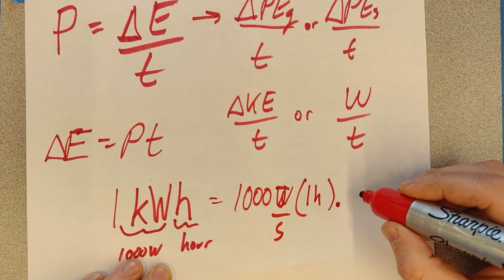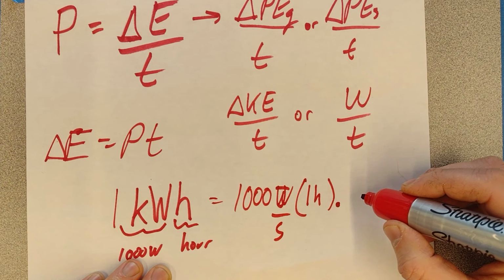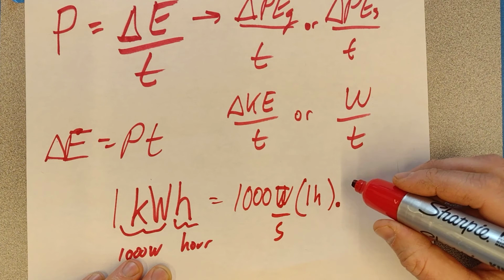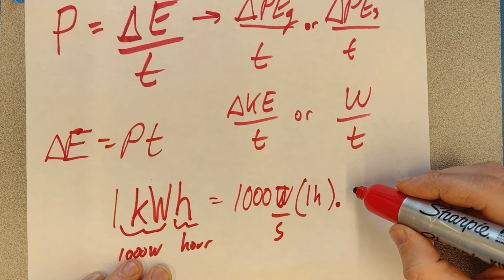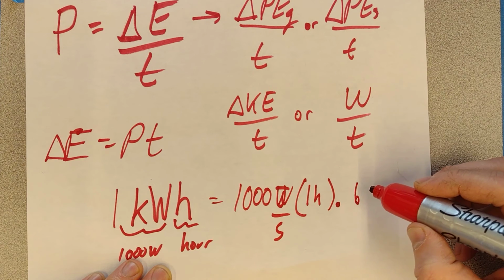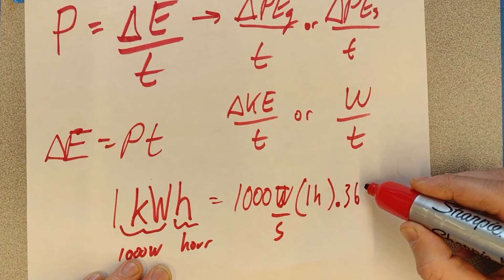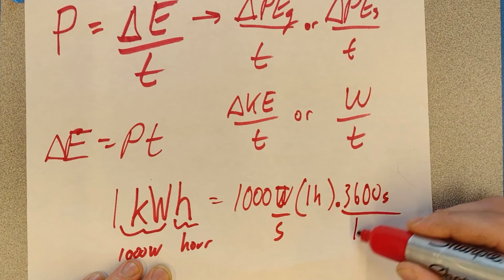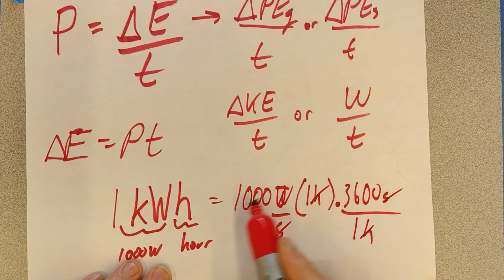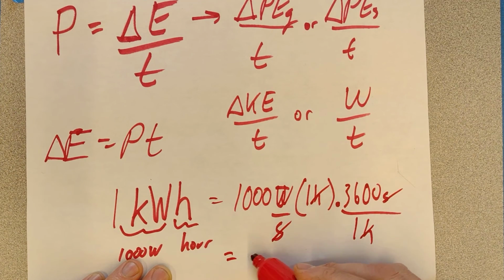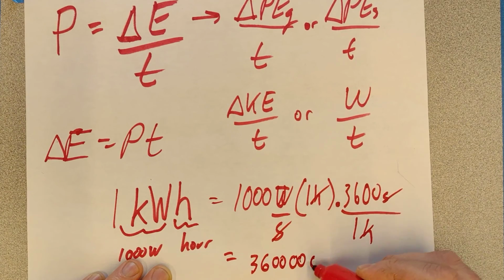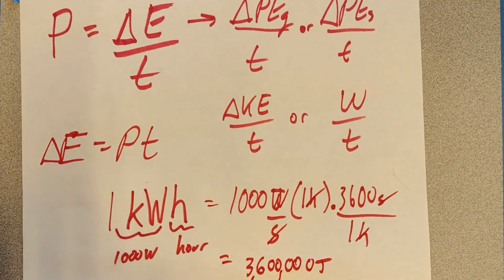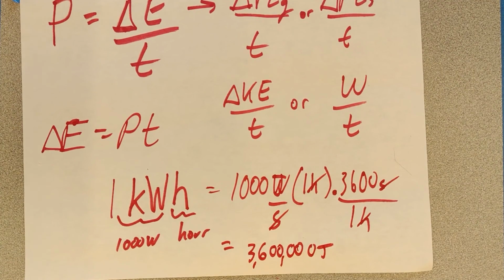We need to cancel out the hours, so times 3,600 seconds per 1 hour. So everything cancels here. So 1,000 times 3,600 would be 3.6 million joules of energy in 1 kilowatt hour. That's pretty cool. Anyhow, pretty easy concept.